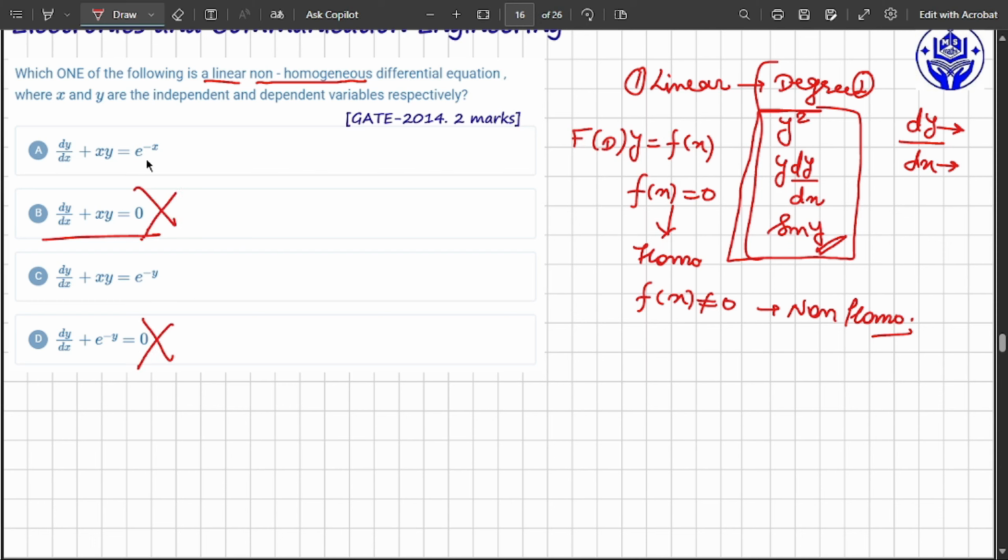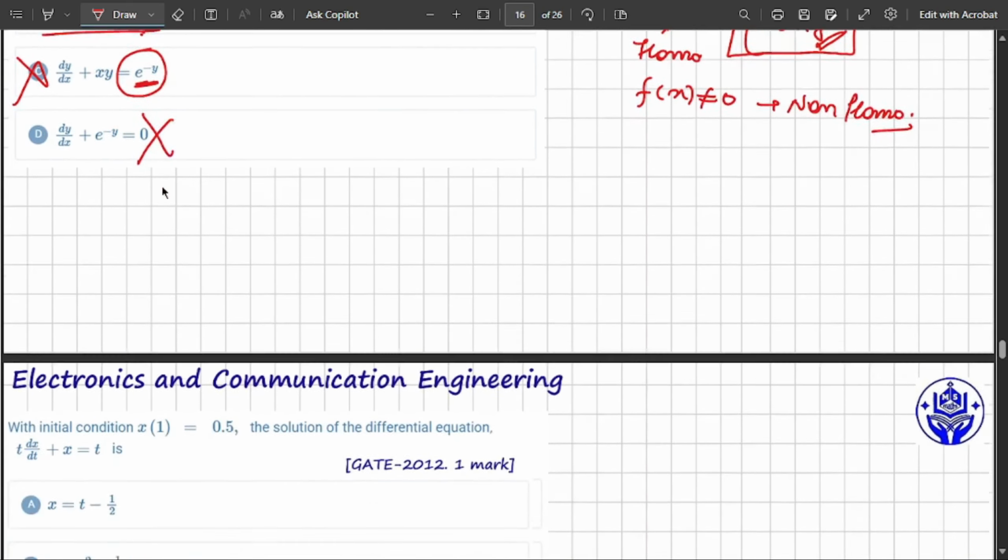This may be non-homogeneous, but this is a non-linear function of the dependent variable, so it is a non-linear differential equation. So this can't be the correct answer. The correct answer is the first one. Here it is e to the power of x, but it is a non-linear function of the independent variable, not the dependent variable. Okay, next one.